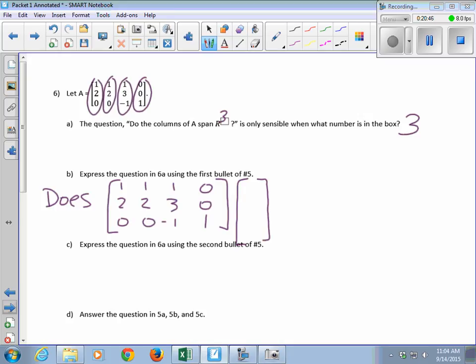It's my X vector, my vector of unknowns. I have to go up to X4 because I have 4 columns, so I need 4 weights to be able to multiply them. So X1, X2, X3, X4 equal B. B is a vector. How many entries is it going to have?